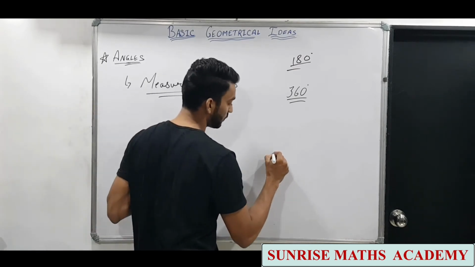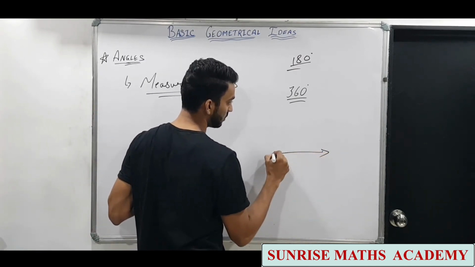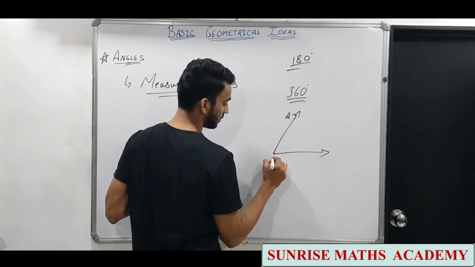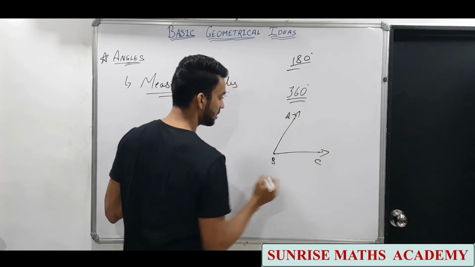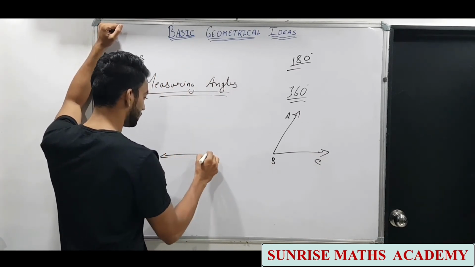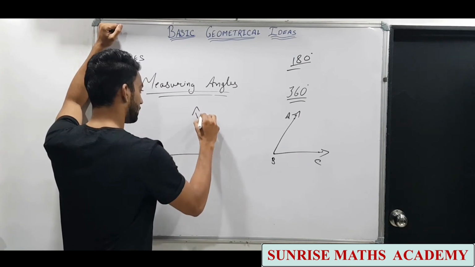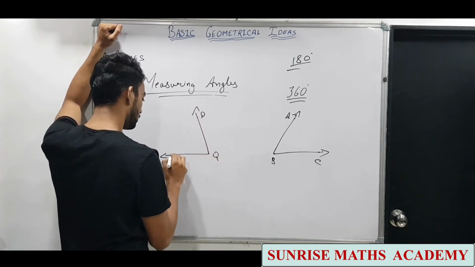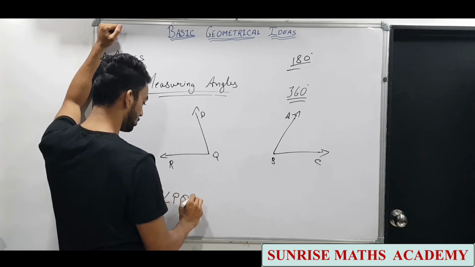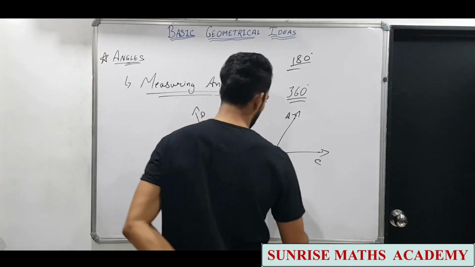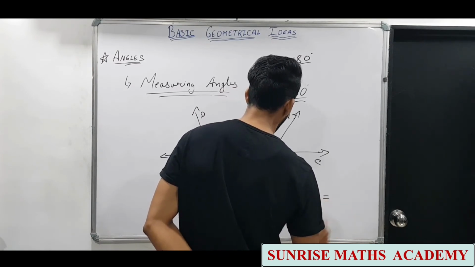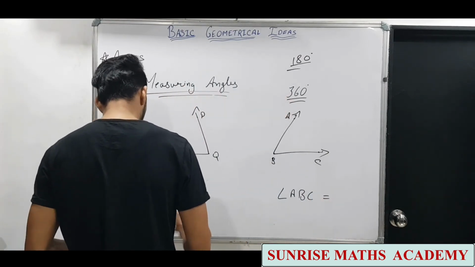So for example, we have this angle A, B, C, and another angle here, angle P, Q, R. This is the angle PQR, Q is the vertex, and here we have the angle ABC where B is the vertex.